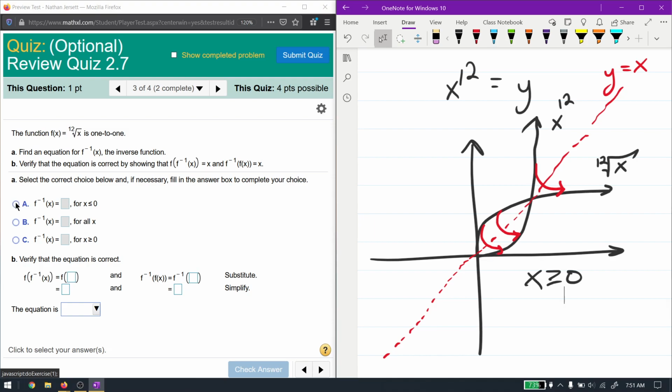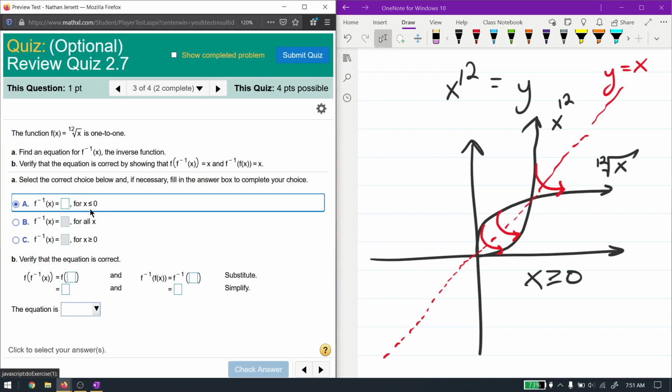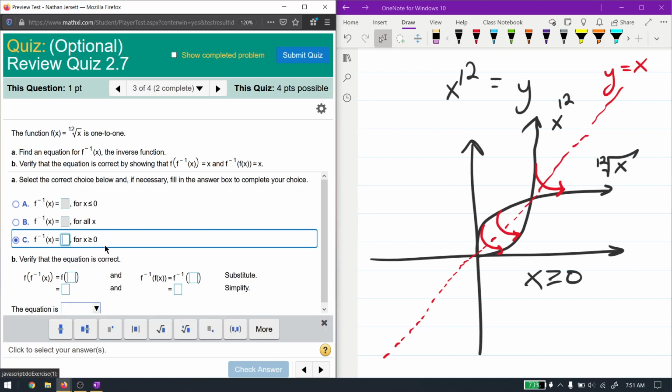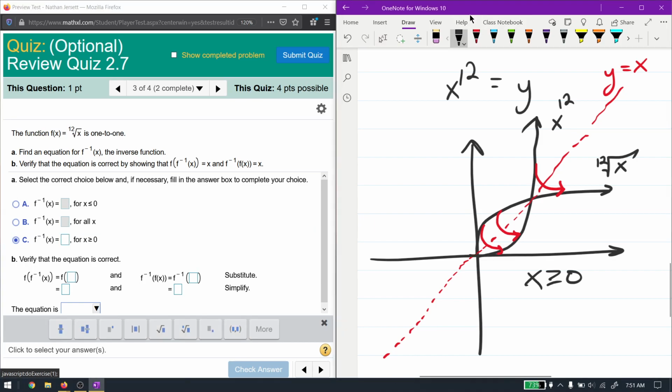We must consider only the positive. Or sorry, this is less than or equal to 0. We want greater than or equal to 0. So for part C, it cannot be for all x because I just showed you it does not pass the horizontal line test. So we have to only consider the positive. If we looked at only the negative, we would get this. And let me go back to our original function.